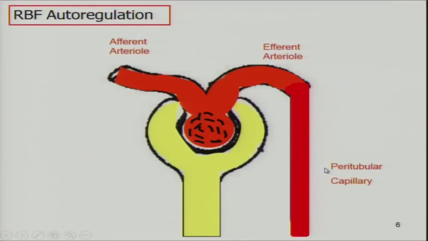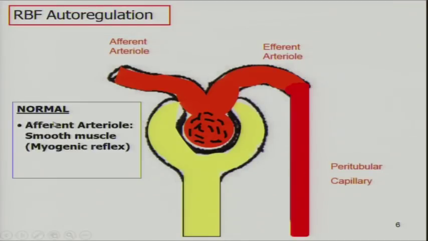And this is controlled by the so-called myogenic reflex, or myogenic mechanism, which is the smooth muscle in the afferent arteriole, that when the individual is volume replete, either dilates or constricts to maintain this constant blood pressure, and therefore this constant GFR traversing through the glomerulus.